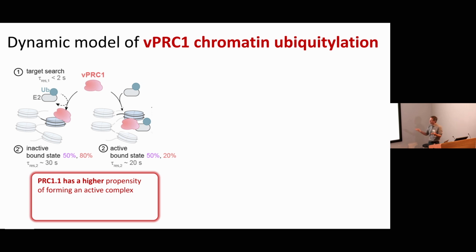So overall, we can now build a model of the whole system. The PRC1 complexes search chromatin. They end up in these very short-lived, non-specific states, or the specifically bound state that lasts about 20 to 30 seconds.